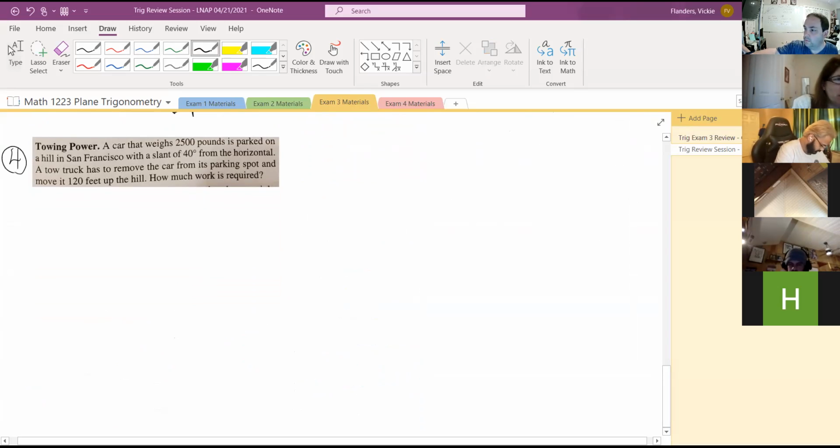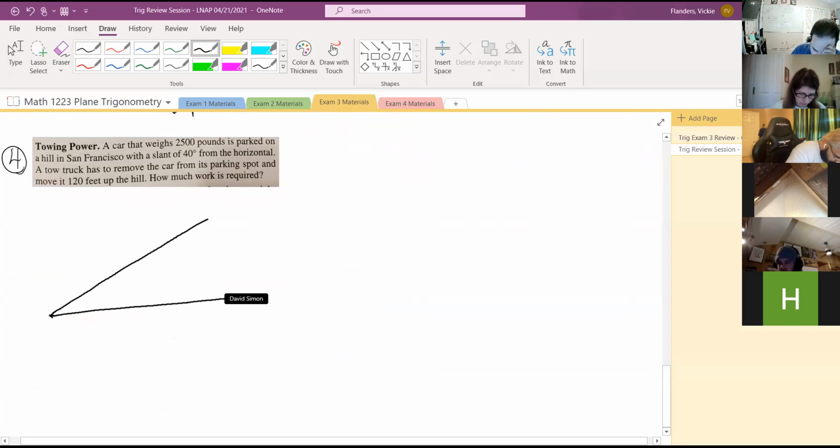So Number 4. We need our pictorial again, like this, 40-degree angle. The truck is somewhere, or is it a car? Whatever.